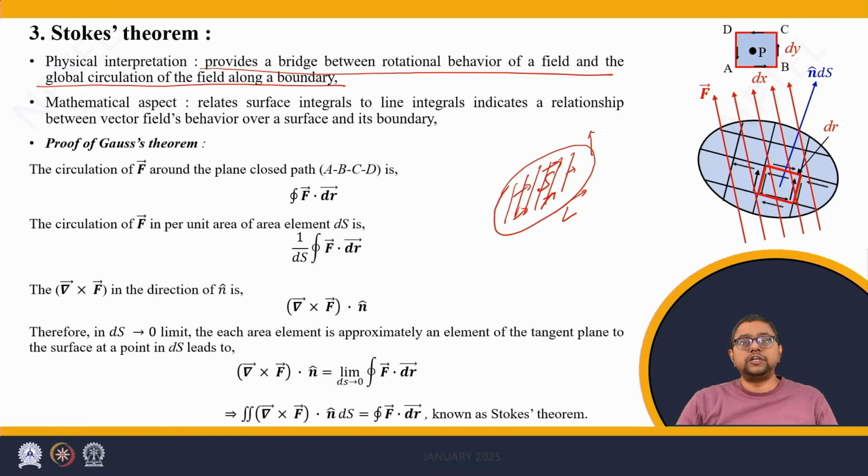Consider this surface and the loop bounding it to be in a field F. Then the Stokes theorem is an understanding of the behavior of the field inside the loop while just looking at the properties of the field on the bounding line.